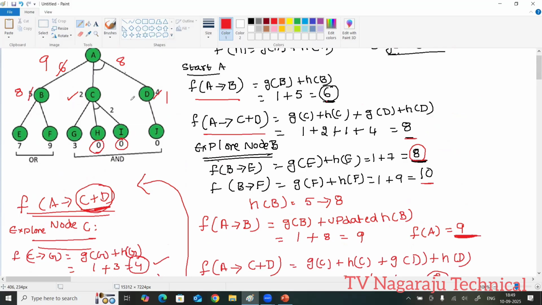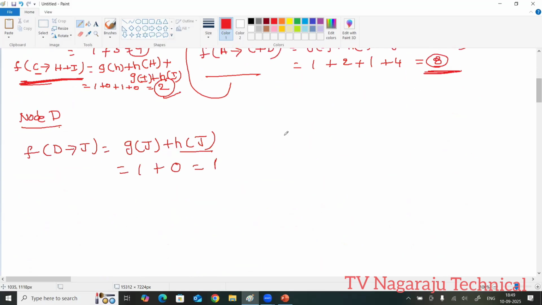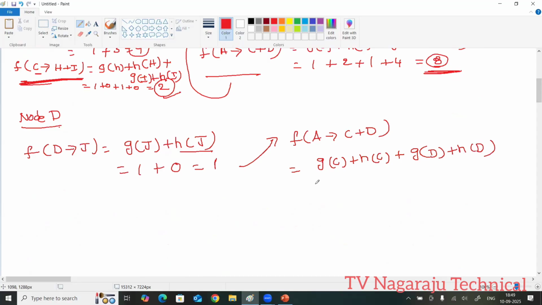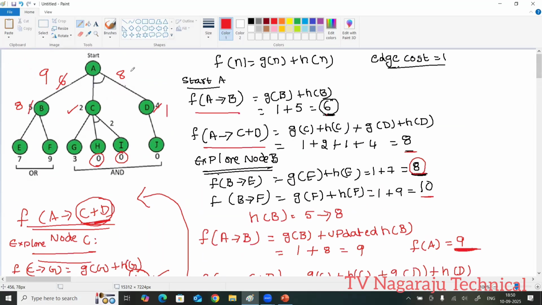Again, calculate F of A to C plus D: G of C plus H of C, G of D plus H of D. H of C value is equal to 2, D value 1, 3, 4, 5. Now what is the cost? 5. Now the cost is updated to 5.